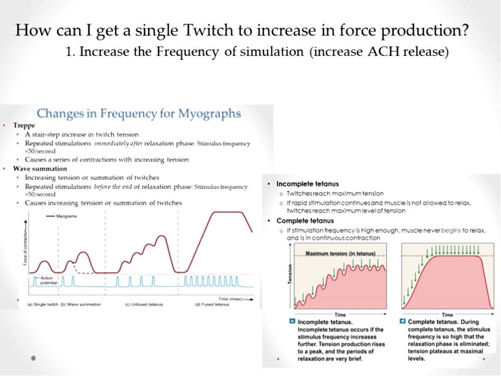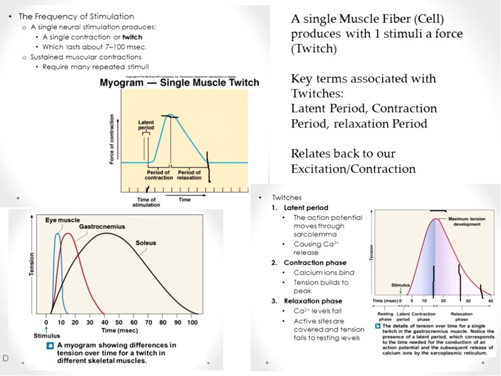Okay? Now, when I mess with the frequency, there's a few things I can do. The first way is what's known as treppe. Treppe is defined as making a contraction happen at the exact time point that the muscle that just contracted is relaxed and done with its cycle. So if we go back to that previous slide, if I want to see treppe in the eye muscle, I want my frequency rate to be every, let's say, 13 milliseconds.